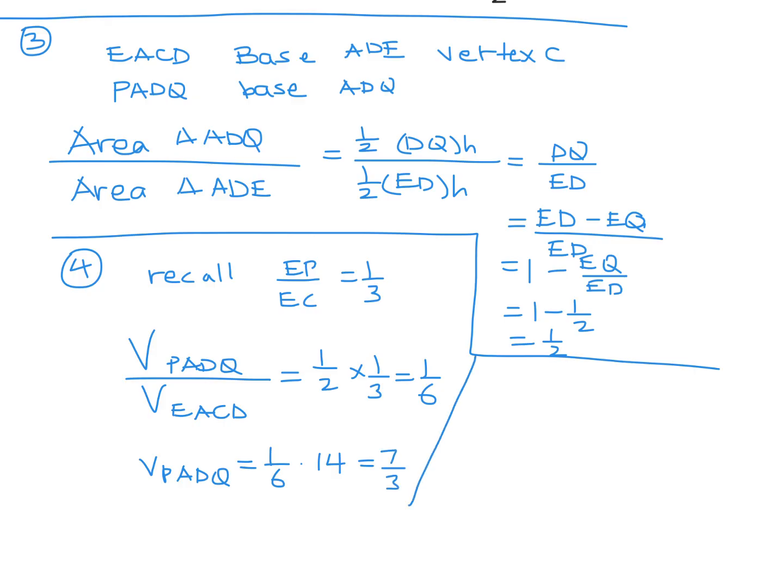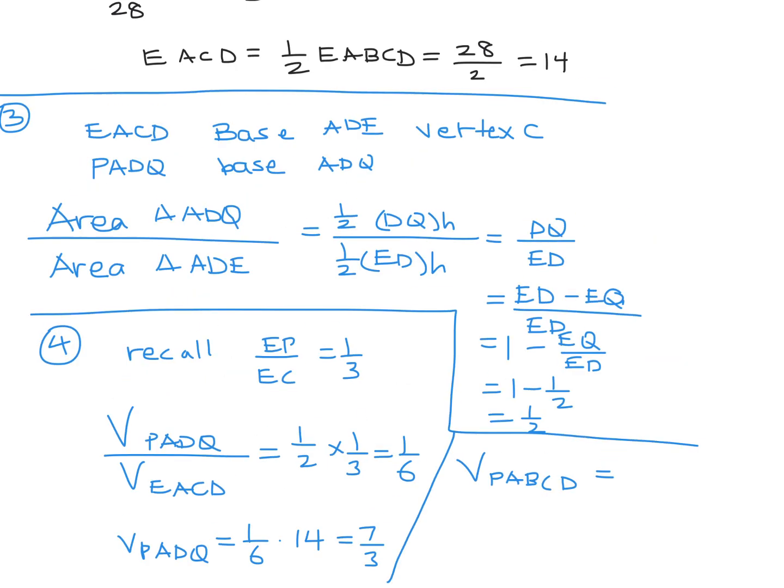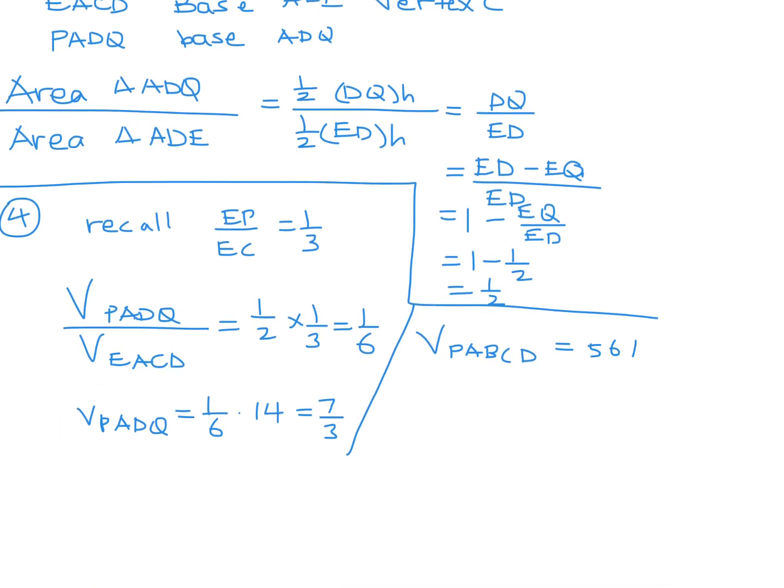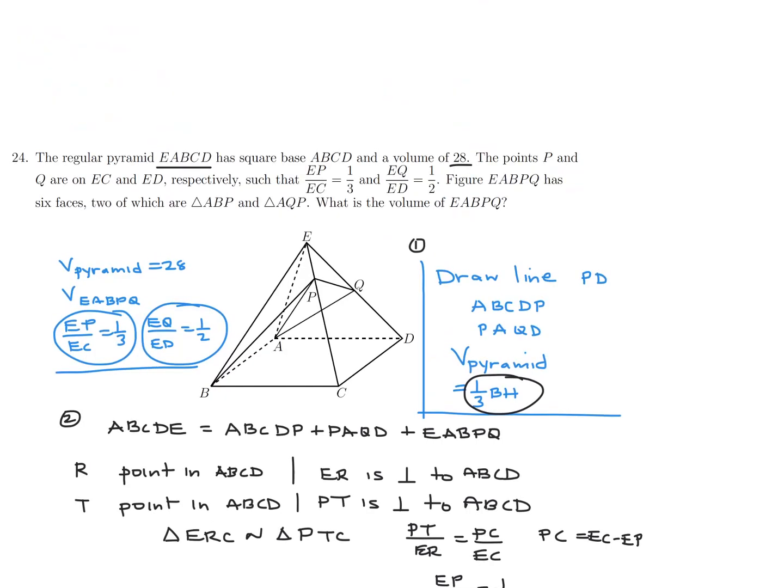And then finally, VPABCD, we had calculated that already, right? 56 over 3. Yeah, 56 over 3. And then VPADQ, we just got it was 7 over 3. So finally, therefore, EABPQ is what we're trying to figure out.